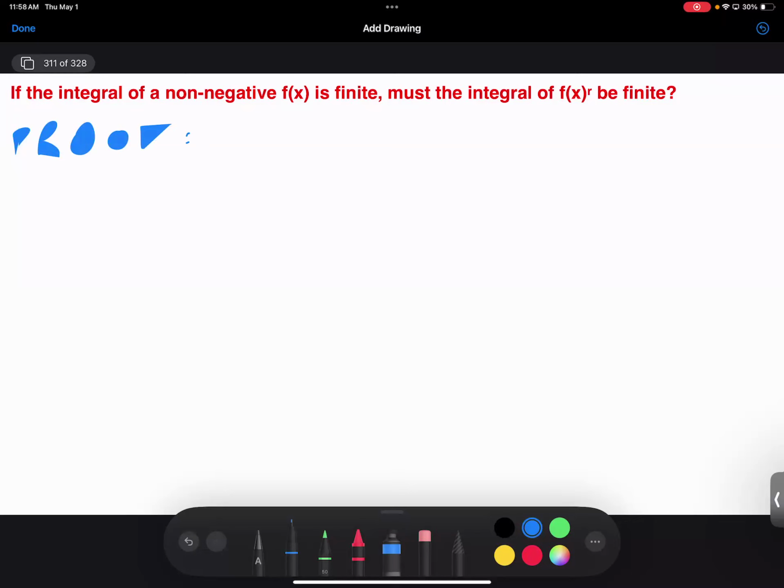So we could have f of x equal a_n for n minus 1/2 less than or equal to x strictly less than n plus 1/2. So our example from before is going to be more than that.